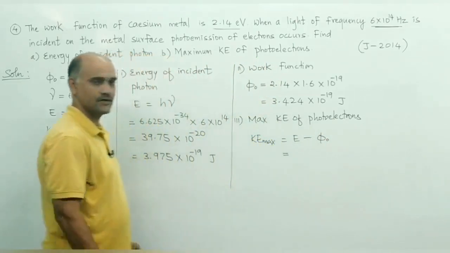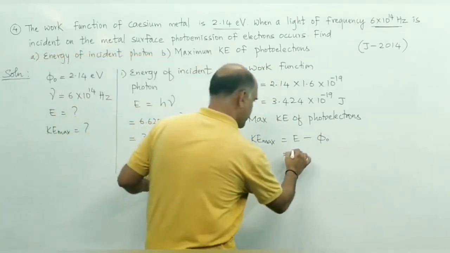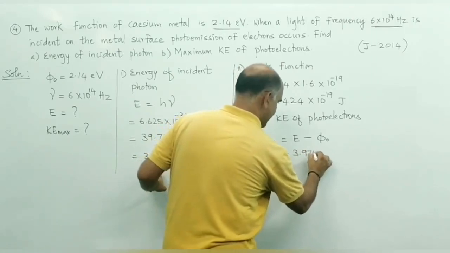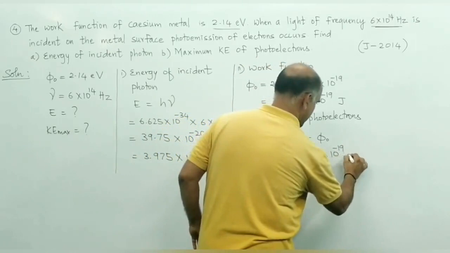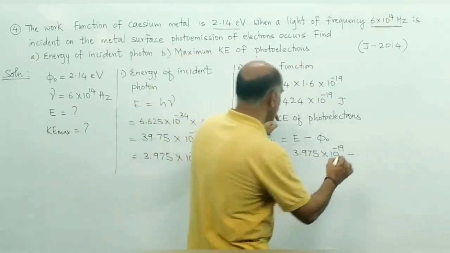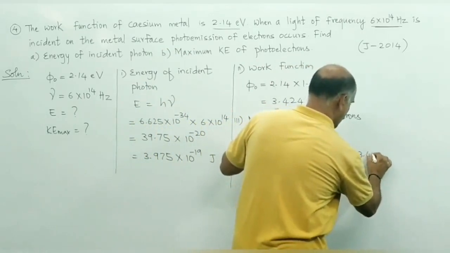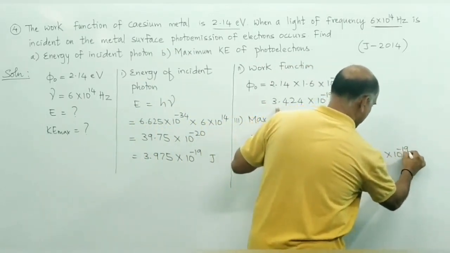E is 3.975 into 10 raised to minus 19, minus work function in joules, 3.424 into 10 raised to minus 19.